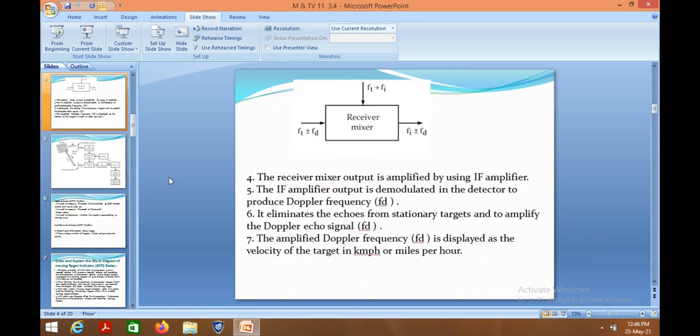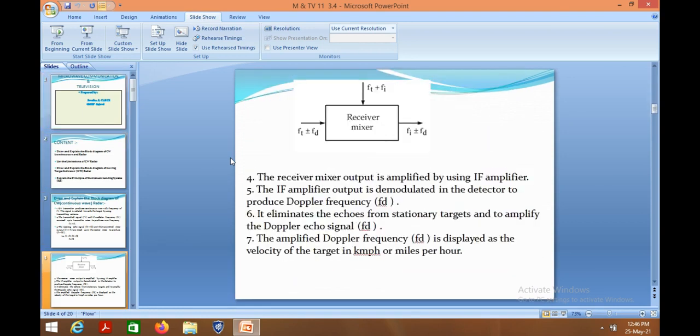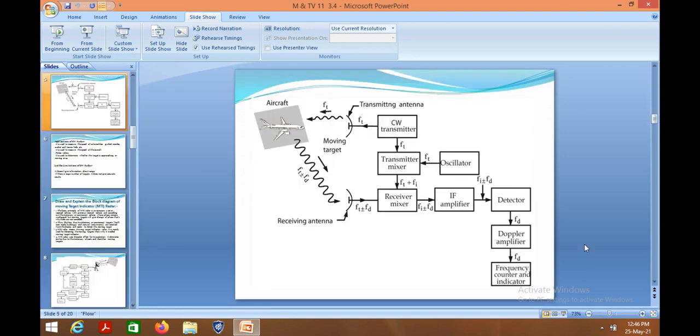Once again, you check and draw the continuous wave radar block diagram, all of you.